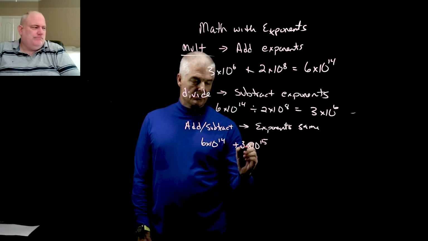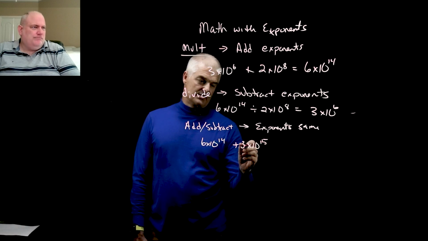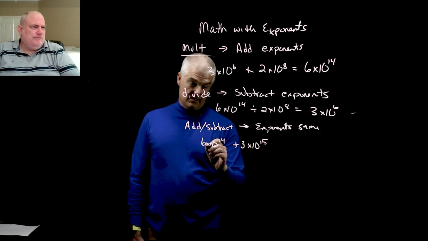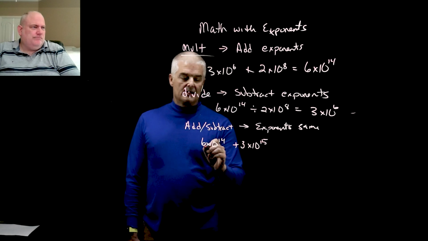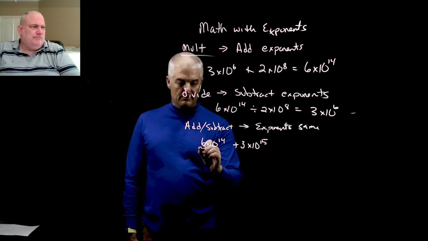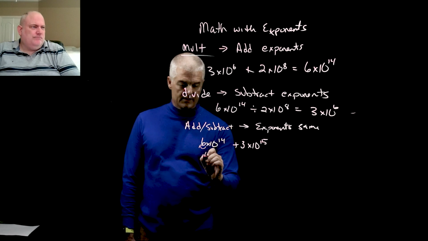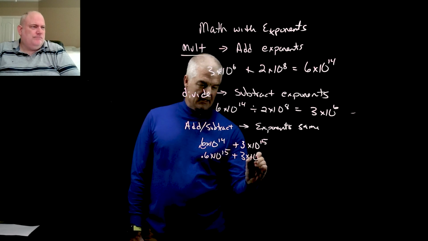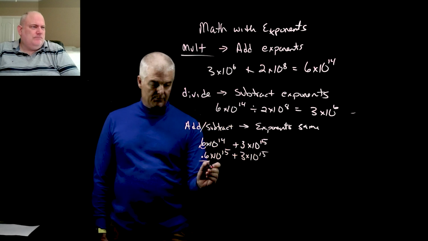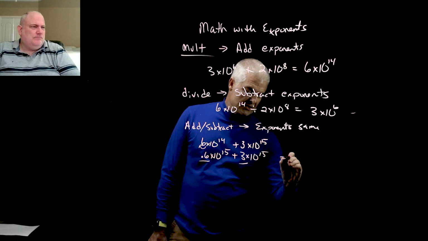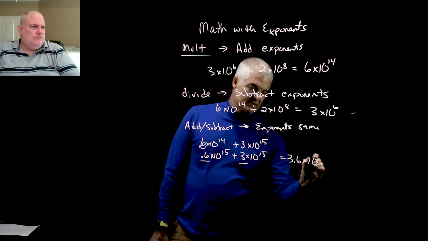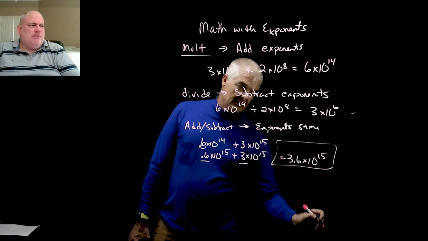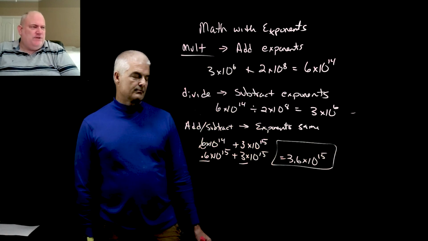I'm going to make this the 15th, so I'm going to move this decimal to the left. I'll say 0.6 times 10 to the 15th plus 3 times 10 to the 15th. And I'm just going to add 0.6 and 3, so that becomes 3.6 times 10 to the 15th. Just remember the rule there: lefty largy, righty reducing.